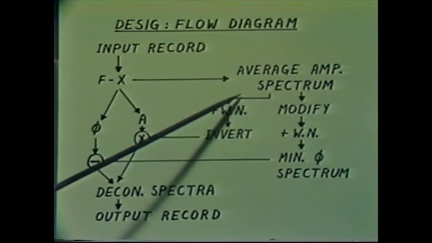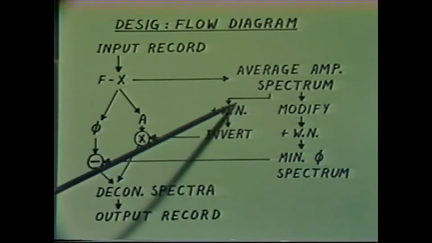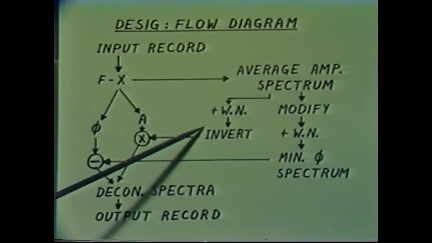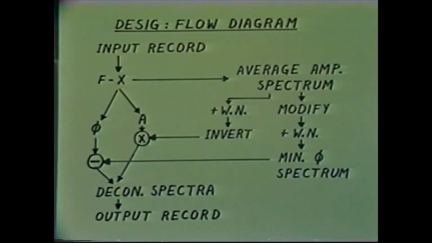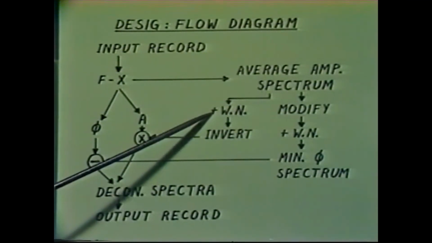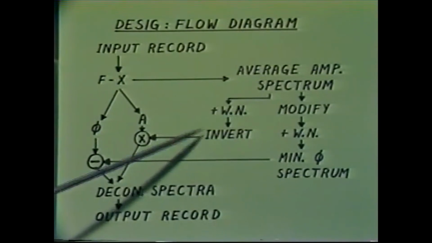First of all, a moderate amount of white noise is added to the spectrum, and it is then inverted to give the amplitude spectrum for the designature filter. Remember, we've pointed out that the amplitude spectrum of the designature filter is the inverse of the average amplitude spectrum of the input record. It's not the exact inverse because we've added a moderate amount of white noise before the inversion.